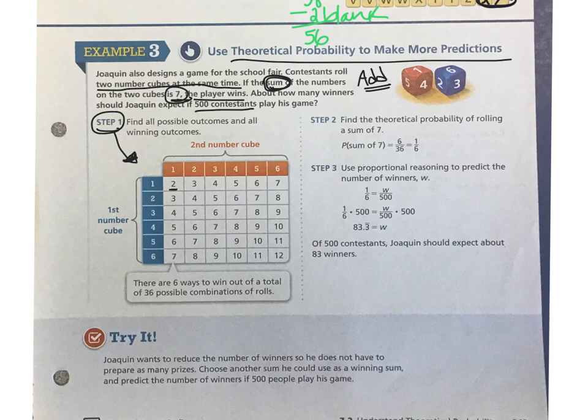And what you'll notice here is that the only way that you can get a 7 is by rolling a 1 and a 6, a 2 and a 5, 3 and 4, 4 and then 3, 5 and 2, or 6 and 1. So there are 6 ways to win the game, meaning getting a sum of 7 on those 2 number cube rolls.